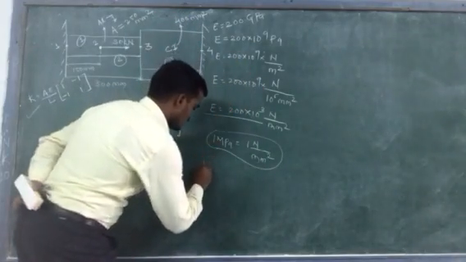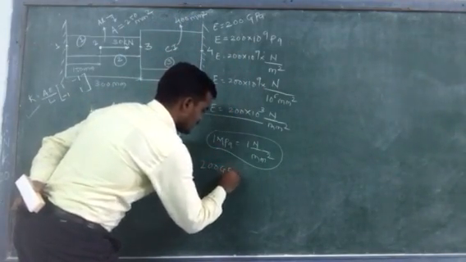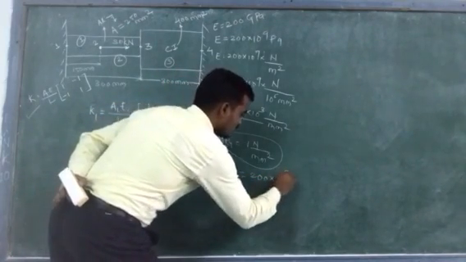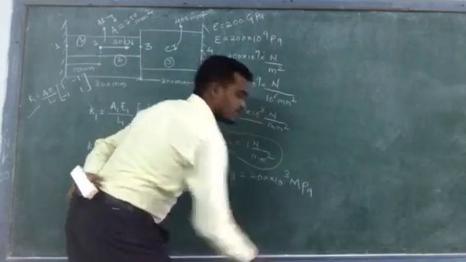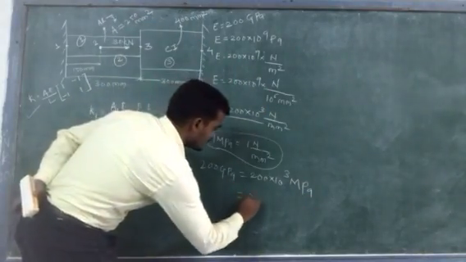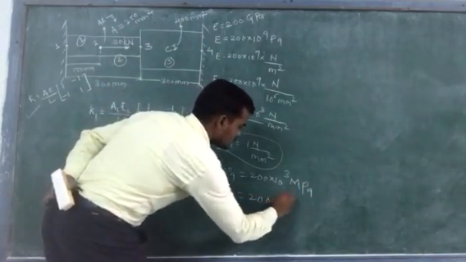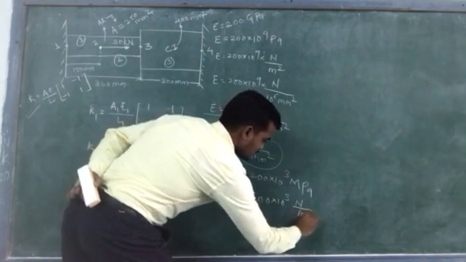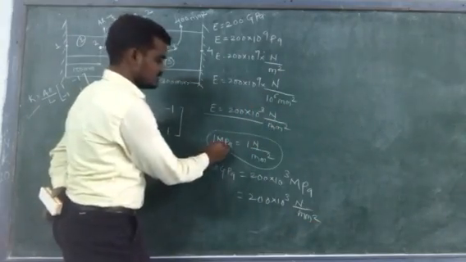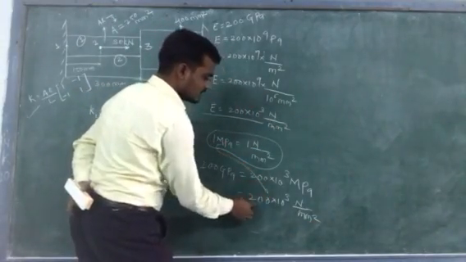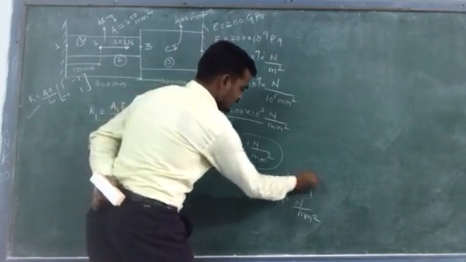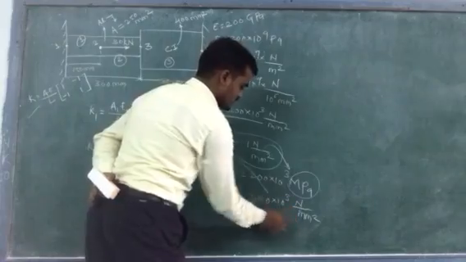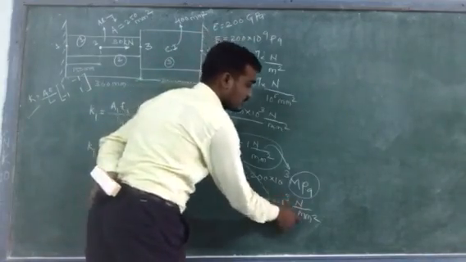We know this relation from your strength of material theory: 1 megapascal is equal to 1 Newton per mm square. So 200 gigapascal, we can write as 200 into 10 raised to power 3 megapascal. Okay, so it will become 200 into 10 raised to power 3 Newton per mm square.